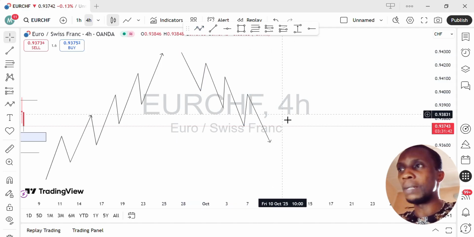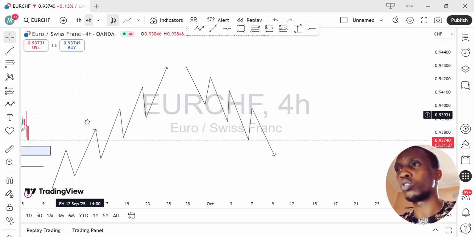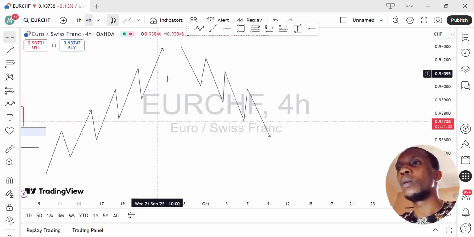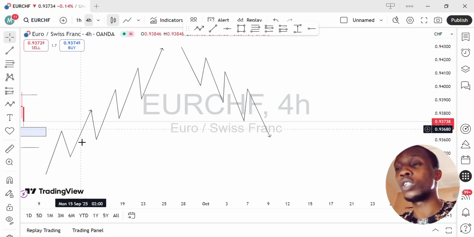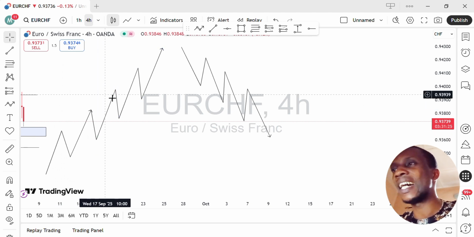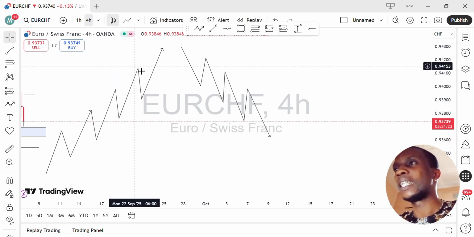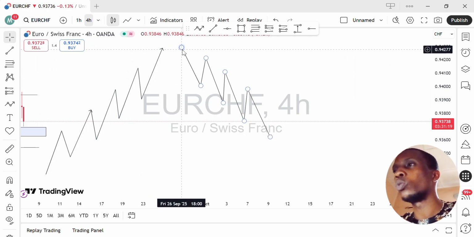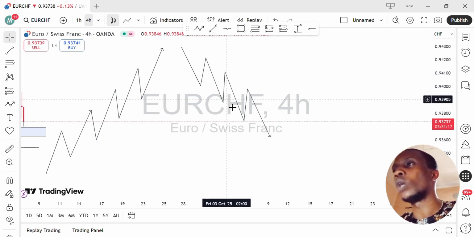Now, this is a bullish market structure, and this is a bearish market structure. A bullish market structure creates a consecutive series of higher highs and higher lows. And a bearish structure is lower low, lower high, lower low, lower high, lower low, lower high, lower low.